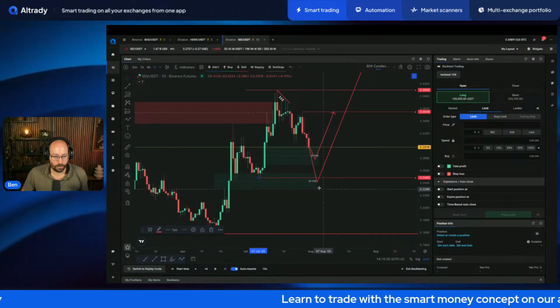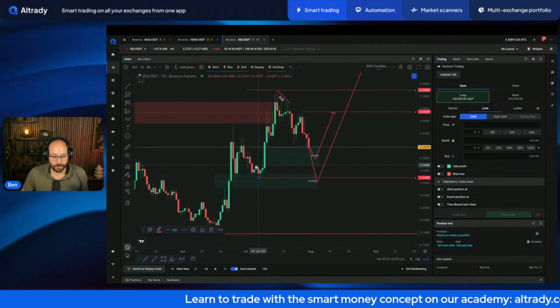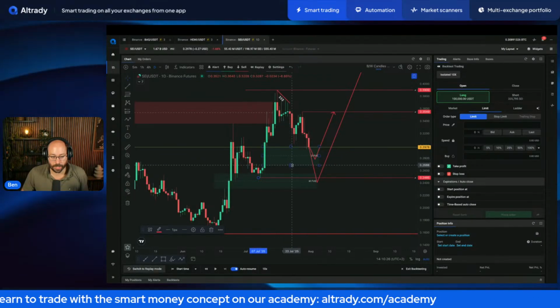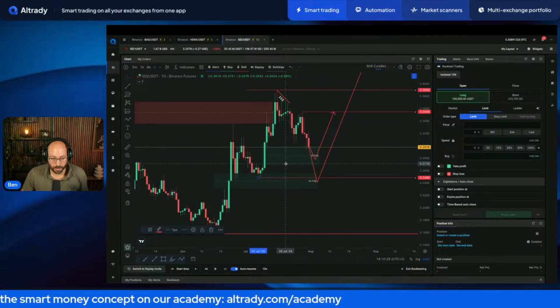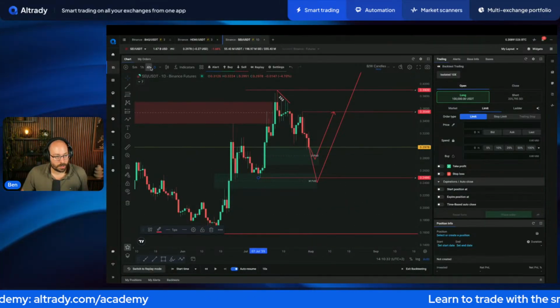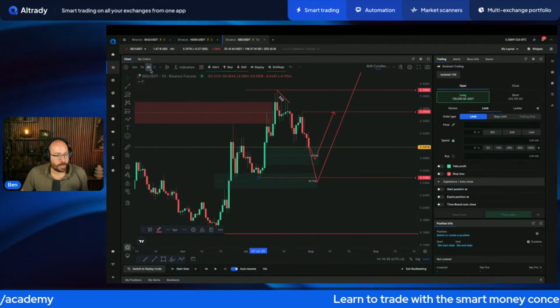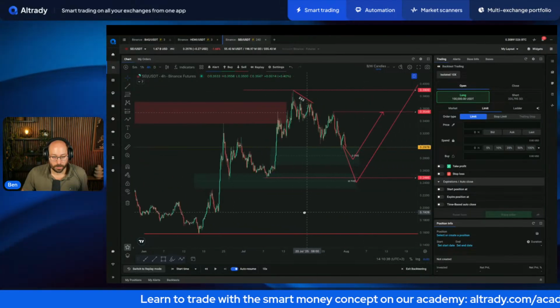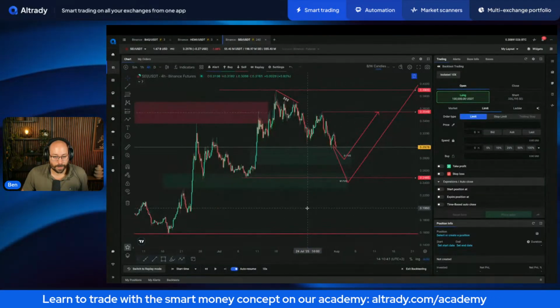The shift on the daily has not been touched again yet, so there is a probability that it will get there and then go up. Okay, that's interesting to know. Daily done, and we've already got to the 4 hour. We're getting quicker at these now.